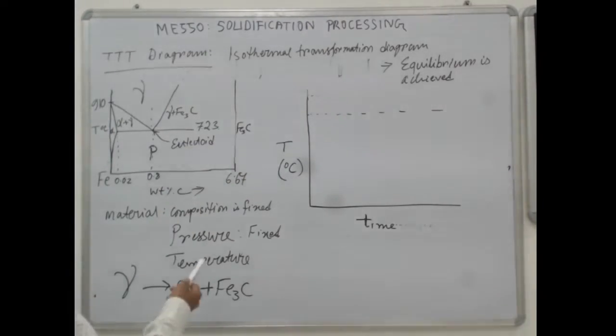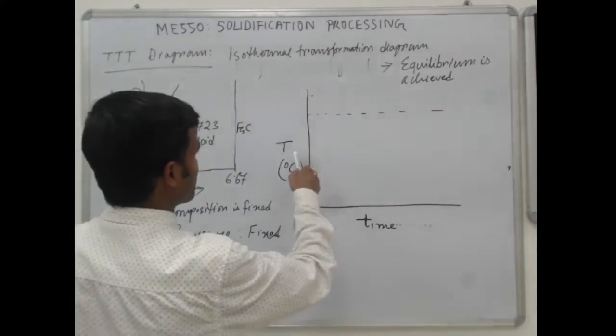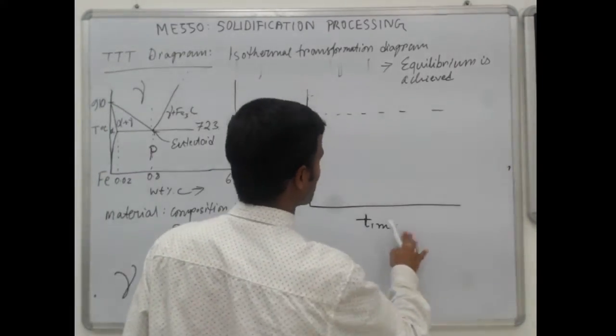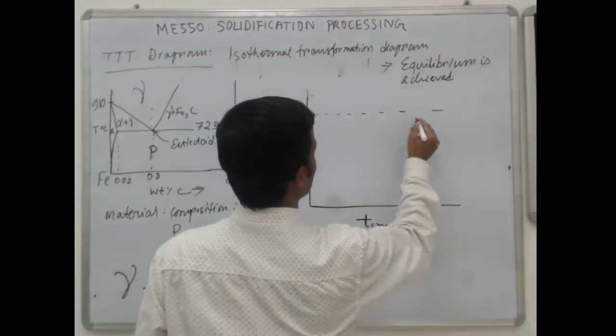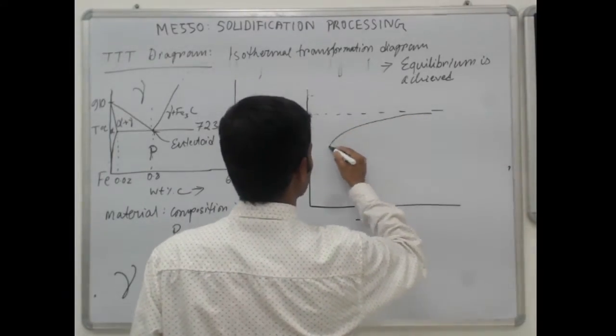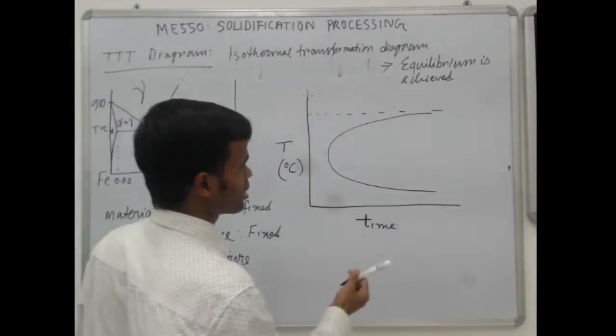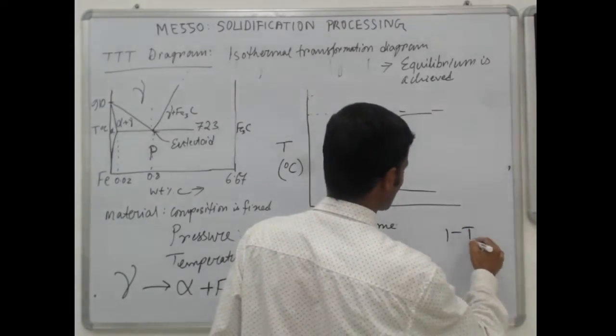As we said, this time temperature transformation diagram is nothing but the reciprocal of the nucleation rate I versus T diagram.